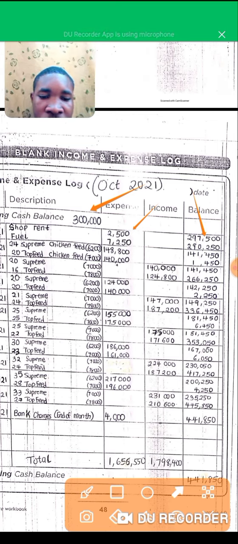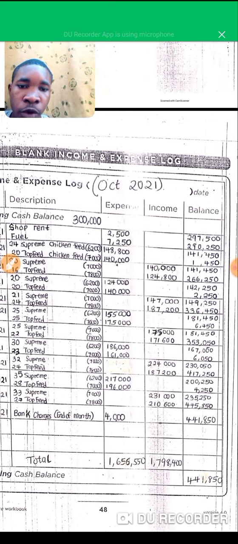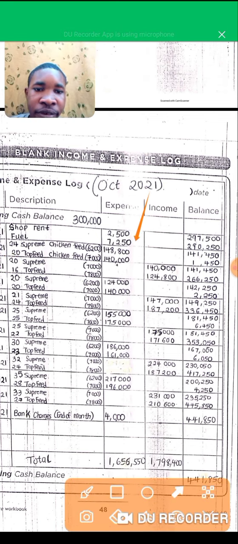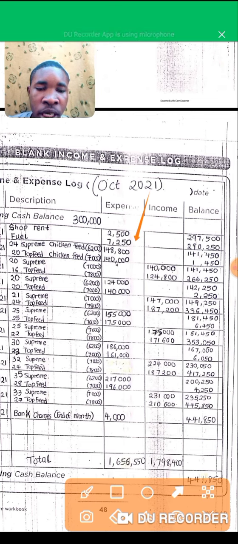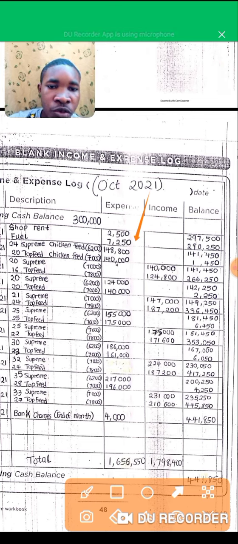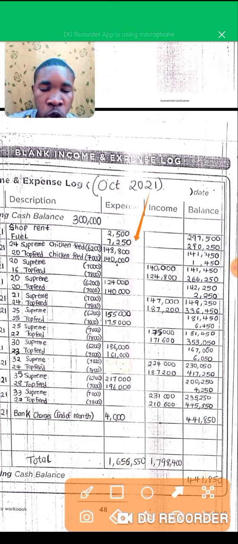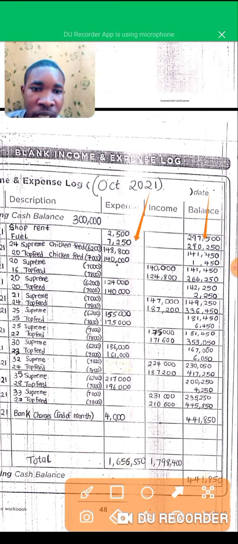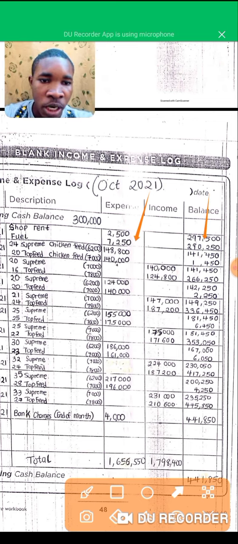So the next thing is we bought fuel, right? We bought fuel for 7,250. It is also an expense. It is not an income, it is an expense because it took money out of our pocket. And you can see here that we have already put it. Our balance is now 290,250 naira.